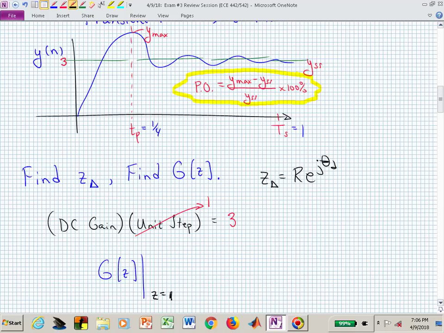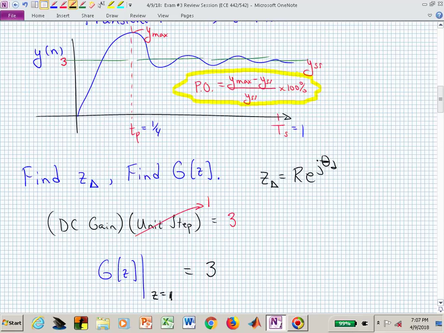And because we're assuming, and in some exams I might say not a unit step, but a constant step of magnitude 7 or magnitude 2, then you would put a 2 there instead of a 1 and back out the appropriate DC gain. In this case, because I'm saying that we applied a unit step, we can now say that the DC gain better be 3 for this particular case.